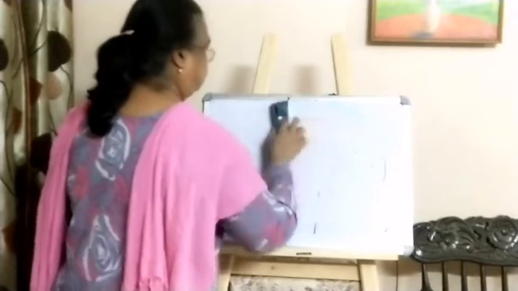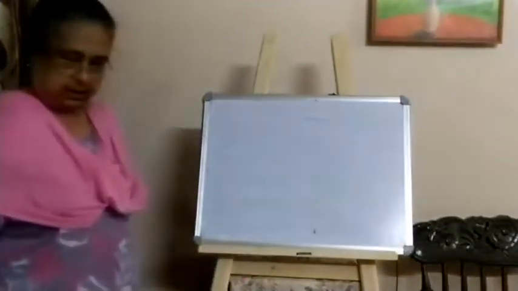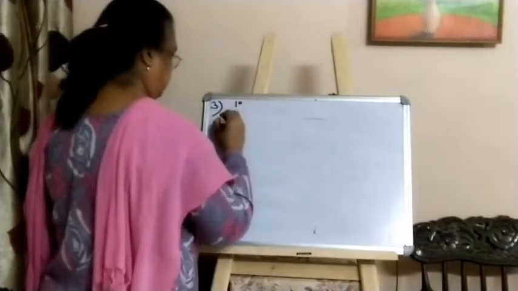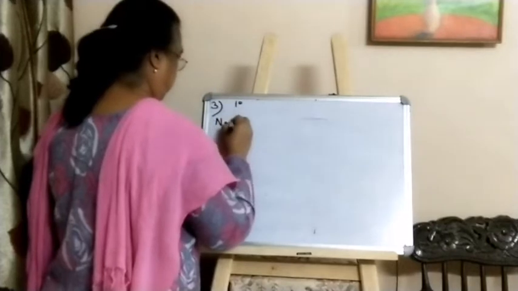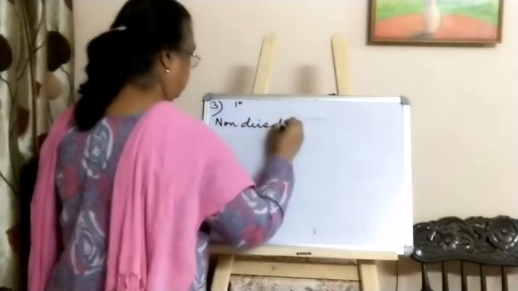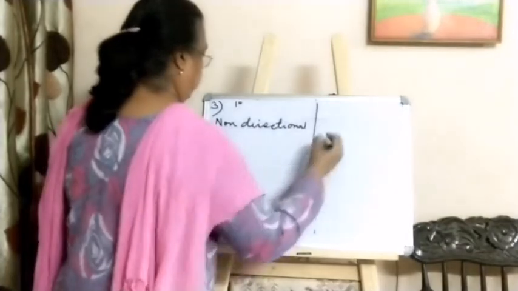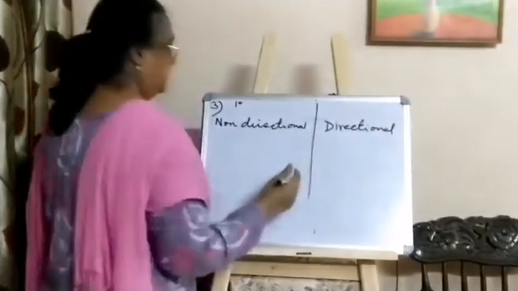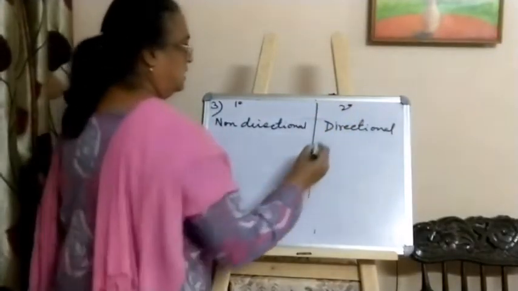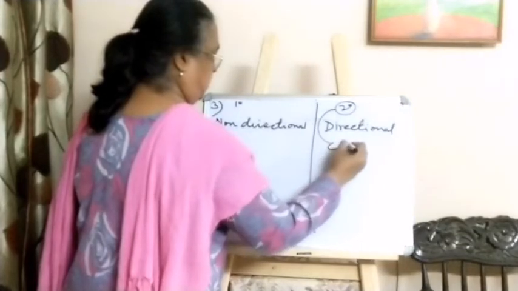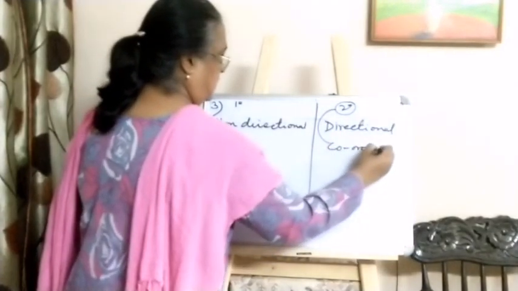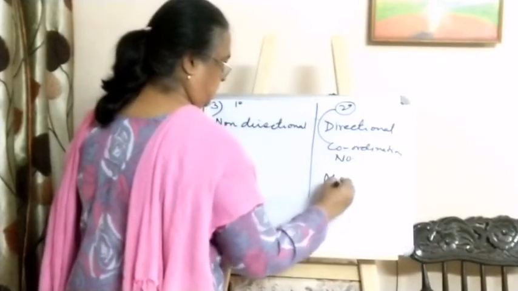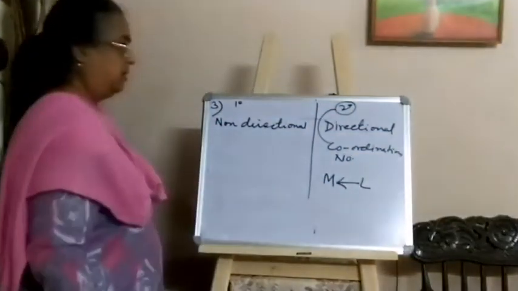And the third postulate is that primary valency is non-directional, whereas secondary valency is directional. Why is the secondary valency directional? The secondary valency is based upon the coordination number, that is how many ligands are attached to the central metal atom.